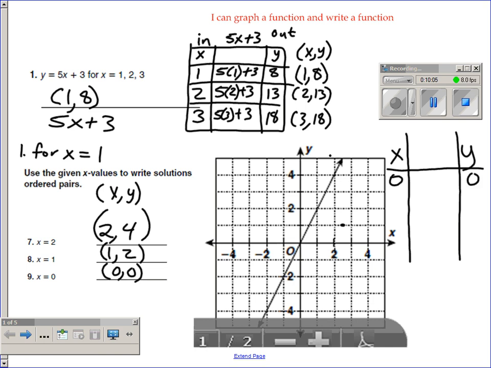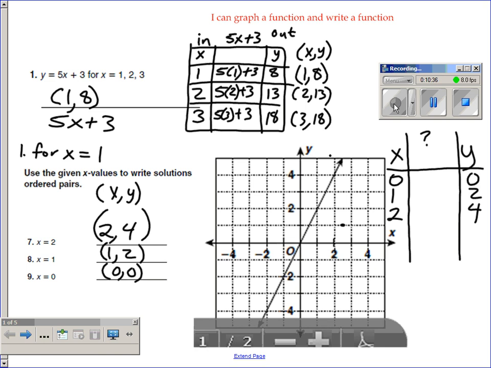When we put in 1, we get out 2. Very good. And when we put in 2, we get out 4. My question is, what's my rule, or what is the expression that matches up with this line and these input-output values? I'll give you a few seconds to try, okay?